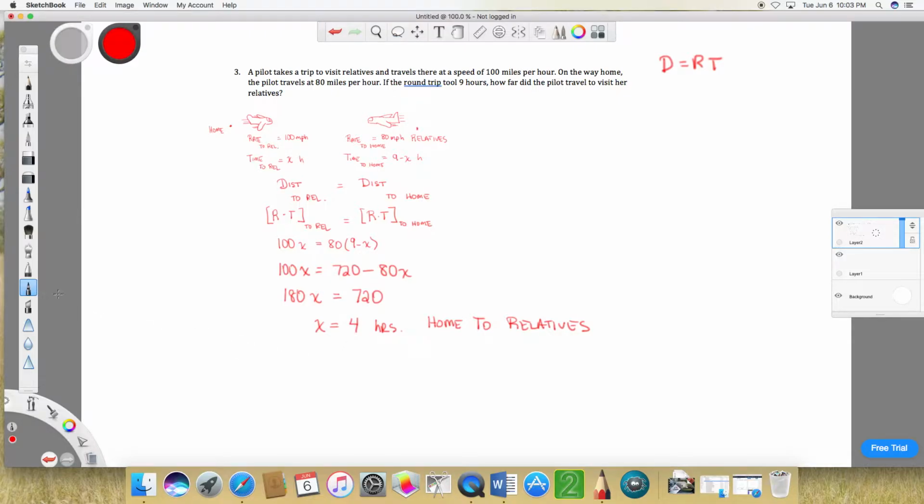So 100 times x is 400, and that represents miles. And that's our final answer, how far did the pilot travel? The pilot traveled 400 miles.